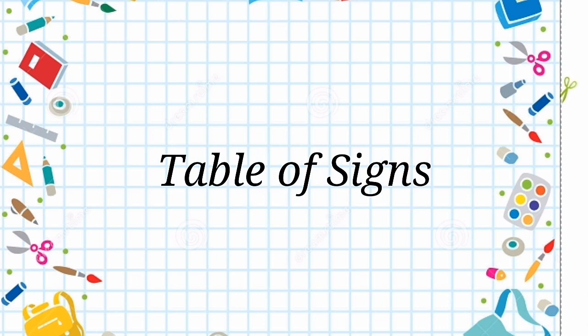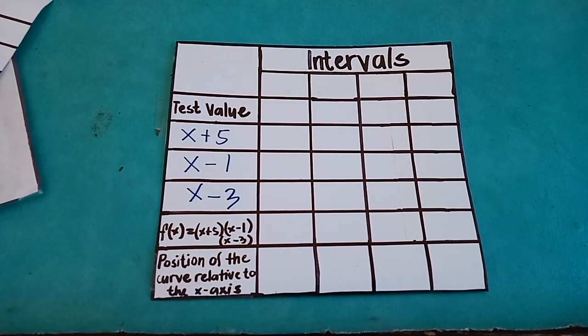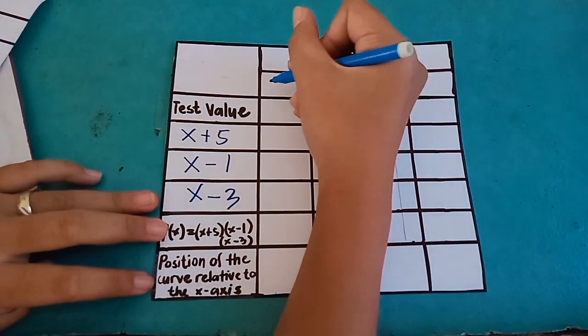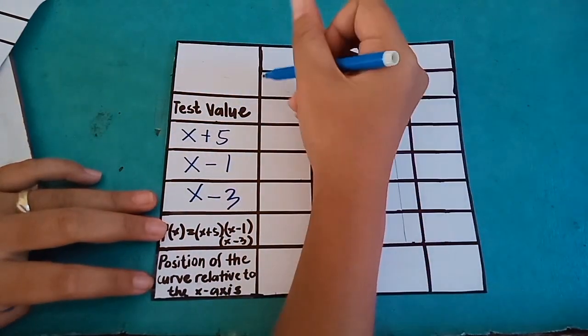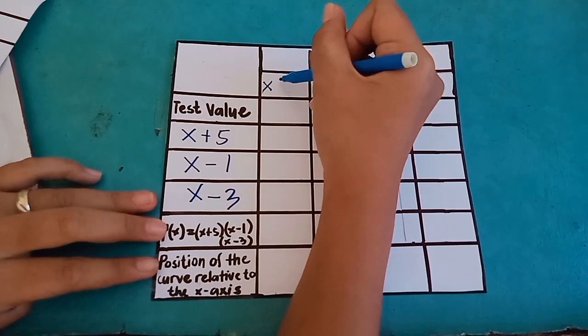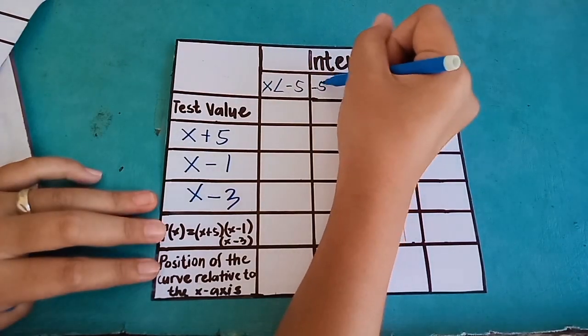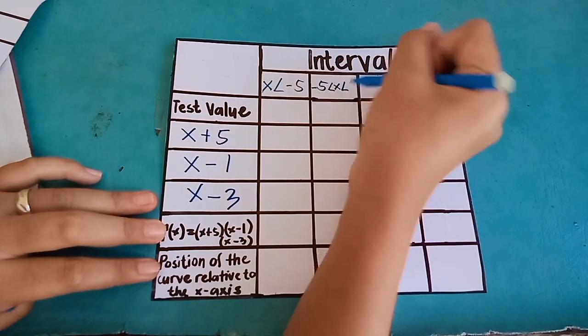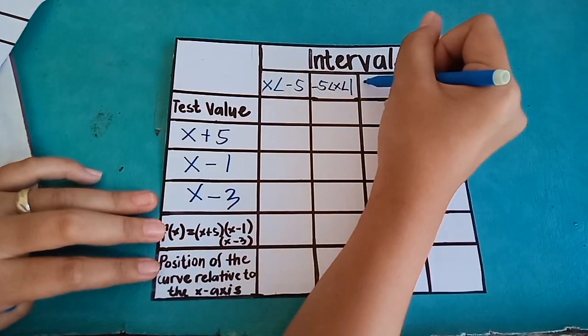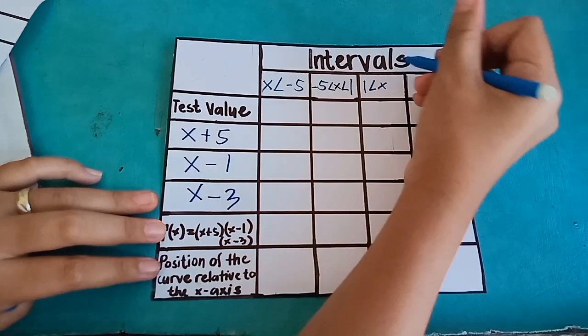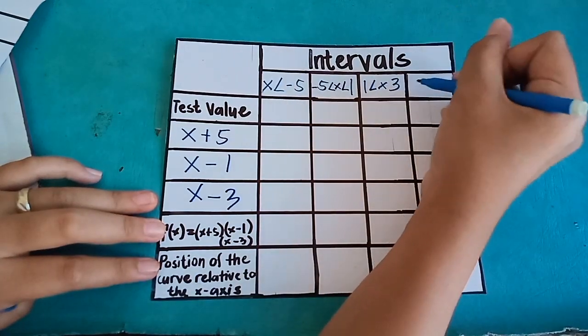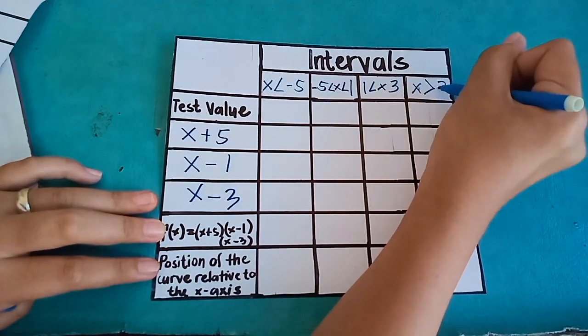Constructing the table of signs. So here we already prepared a table of signs. We just need to complete it. So first, we need to get the intervals. So x is lesser than negative 5, x is greater than negative 5 but lesser than 1, x is greater than 1 but lesser than 3, and x is greater than 3.